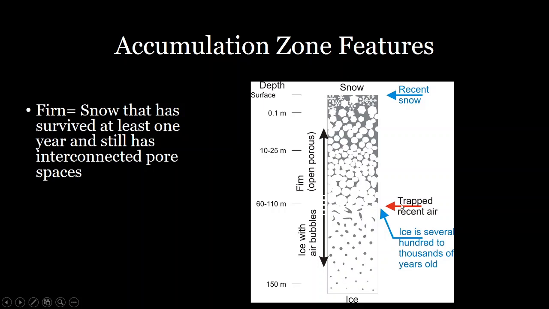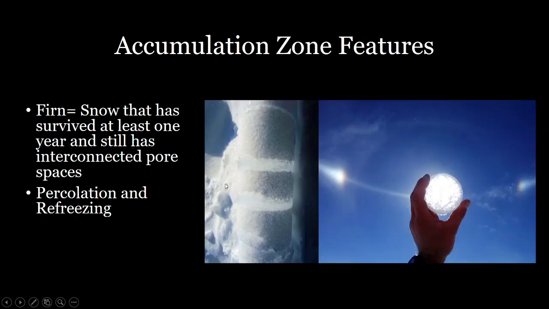Eventually it reaches a point of compaction where the pores are no longer connected. After that point, we call that ice, and before that point, we call it firn. So firn still has interconnected pore spaces, but it's still survived more than 1 year of melting. And sometimes we can have melt water that flows through the firn.